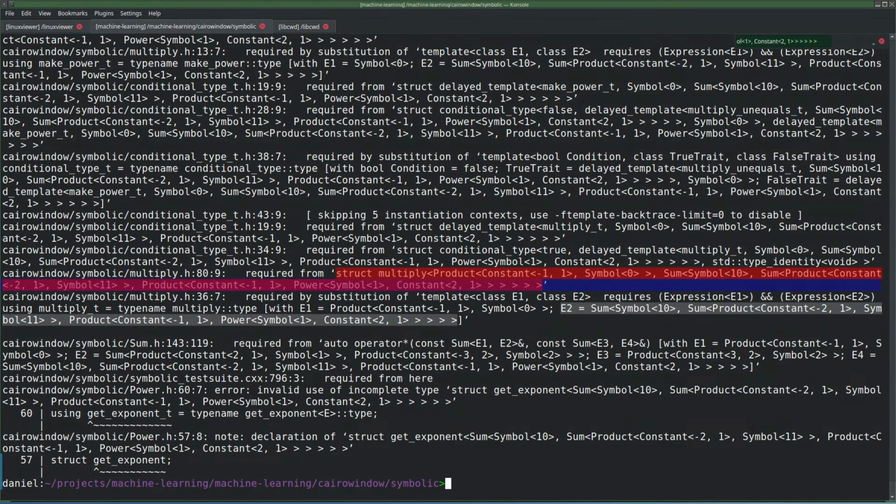Very annoying. So multiply dot 36 has this highlight for E2. That's the arrow that I want to follow.